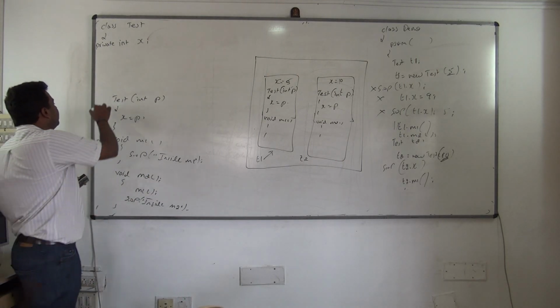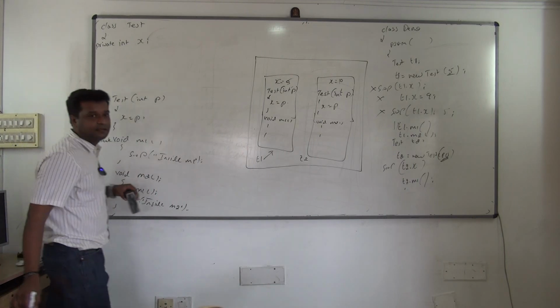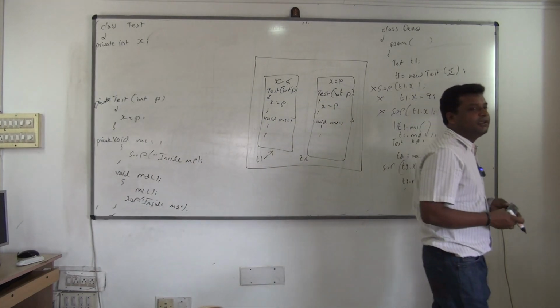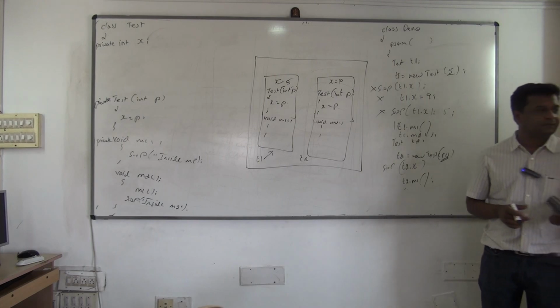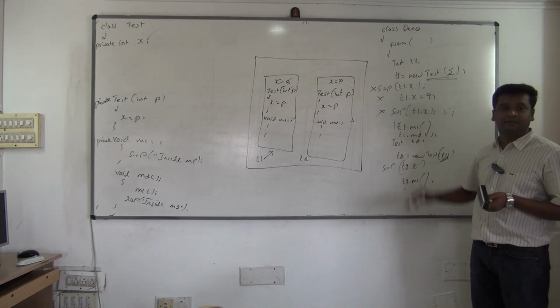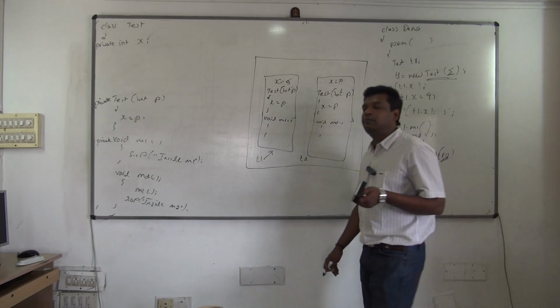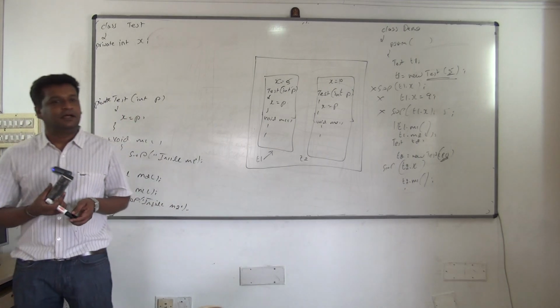Okay. Similarly, your constructor also can be made private. But this time I cannot access it. If you make your constructor private, what happens? You cannot create the object. Understood? So generally you will not make constructors private. If you make it private, they are also not accessible outside the class.